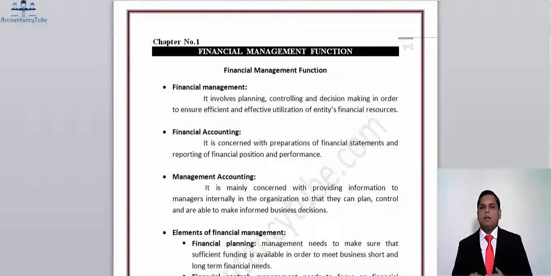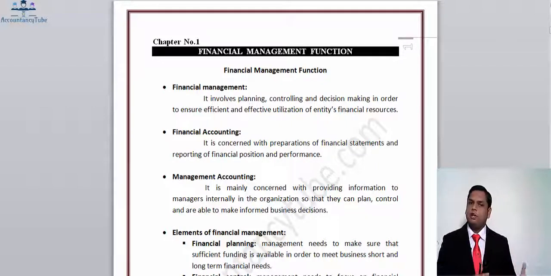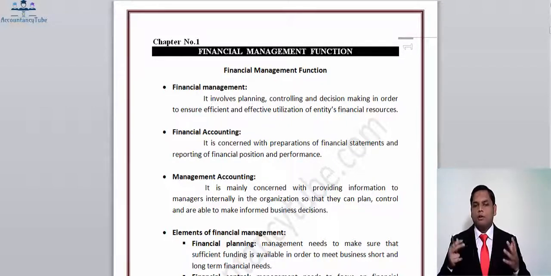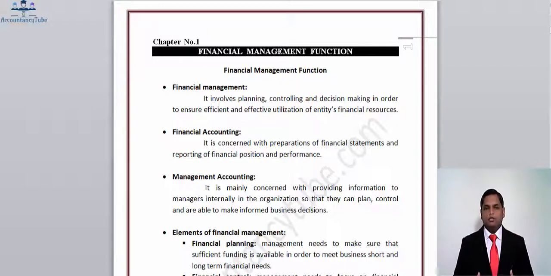Management accounting is more relevant to the costing and performance management side, where managers get information from the financial accounting system for utilization towards costing and performance management. Through management accounting, managers get the information from the accounting system and use it for management internally in the organization.